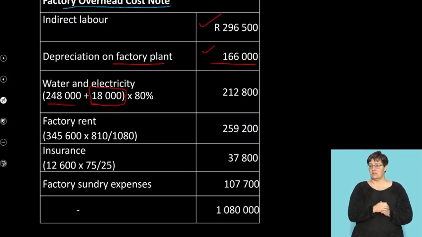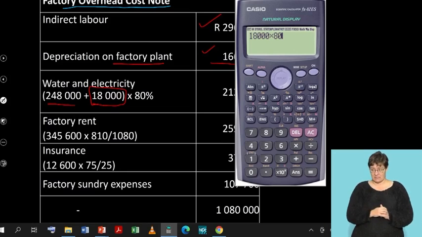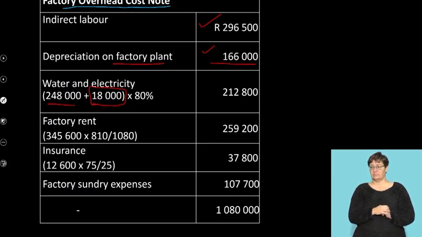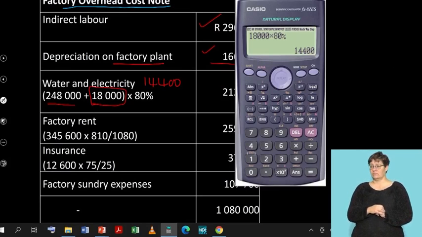We're going to take the figure of 18,000 Rand times the 80%, okay? And that will give me a figure of 14,400, right? Let me just show you the calculation so you can see. If you take the 14,400 plus your 248,000, right, will give you a figure of 262,400.